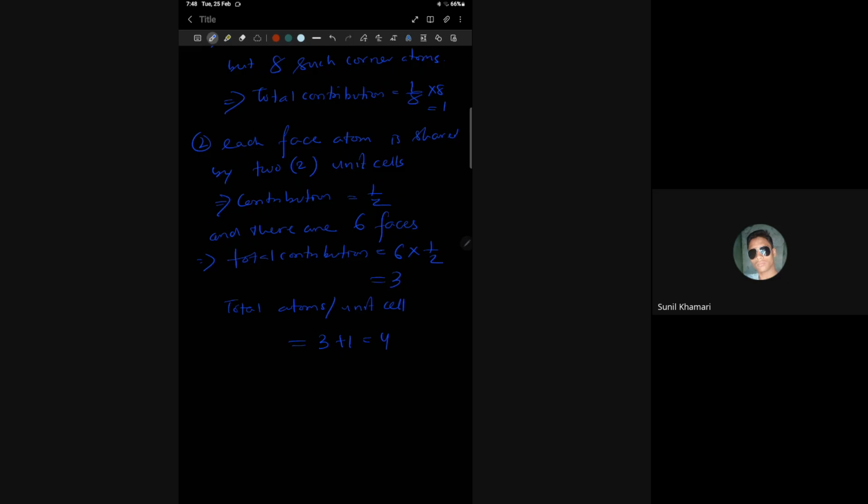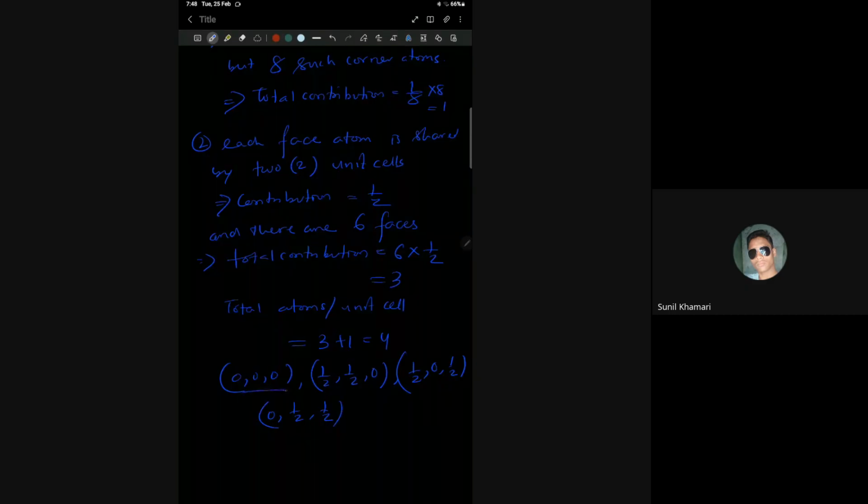So of these 4, you can say one is at 0, 0, 0. The other one is at half, half, 0. The third one at half, 0, half. And another one you can say 0, half, half. Okay.